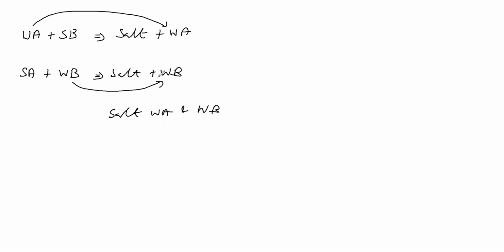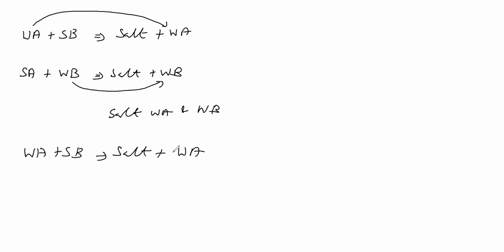Now we will see the example for buffer solutions. First, we will take a weak acid plus a strong base, which gives a salt, plus some amount of this weak acid also present.